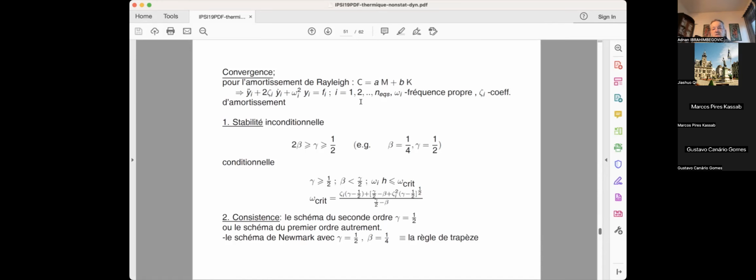And so it turns out that if you go through the checking of stability, you can say that you have unconditional stability for 2 beta larger than or equal to gamma, and gamma larger than or equal to 1/2. So one of the favorite choices is if you take gamma to be 1/2 and beta equal to 1/4.